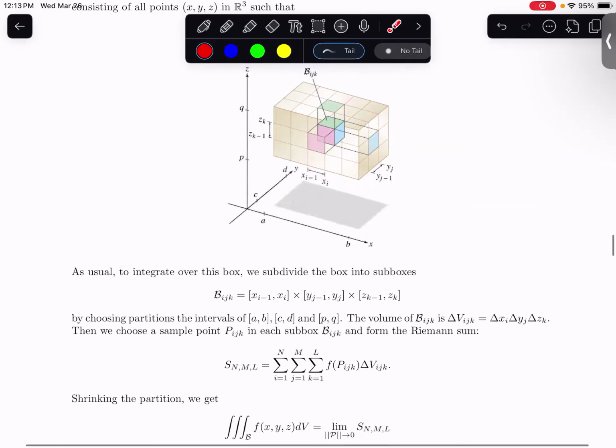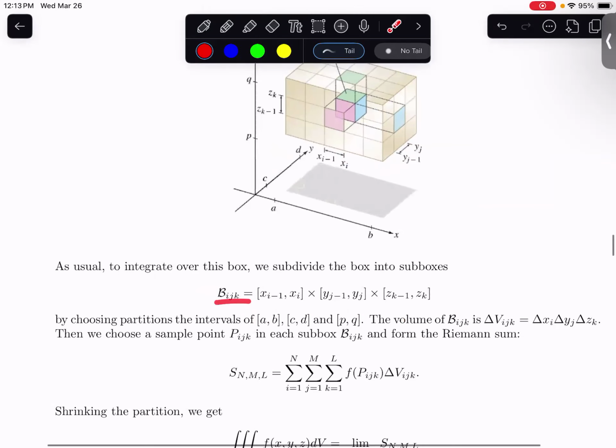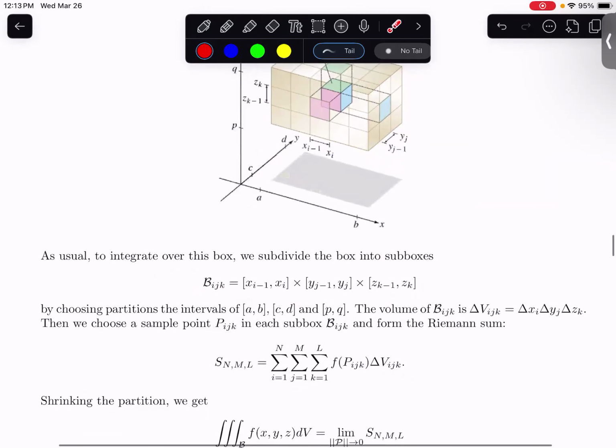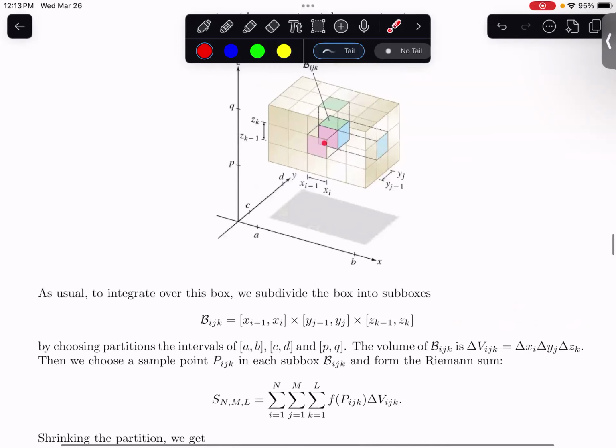So we subdivide our box into sub boxes. Now we have to have three indices here. By choosing partitions of our three intervals, the volume of the box, this delta v, is going to be the product of each of these smaller lengths. And then from each of these sub boxes, we choose a sample point that we then feed into our function.